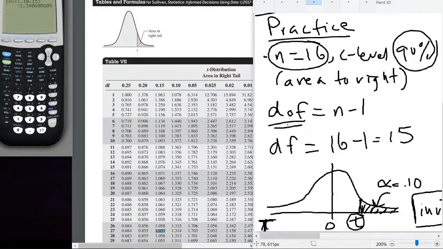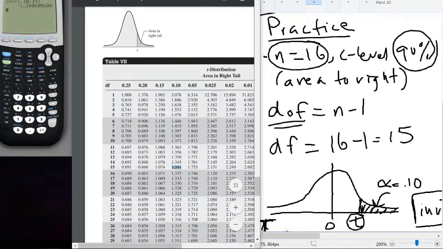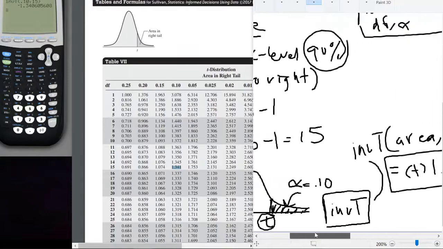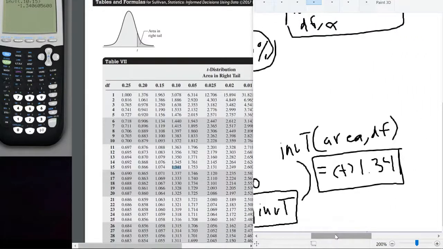So we would be on this column here, and we're looking for degrees of freedom of 15. If I go down and cross-check with 15 degrees of freedom, right here, we would be at 1.341. And if you notice, the calculator also got us 1.341. It's a very nice approach.